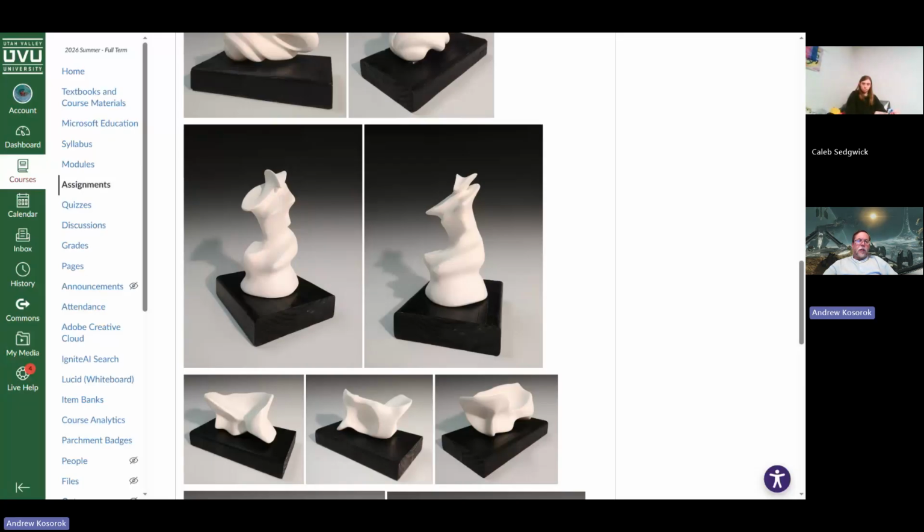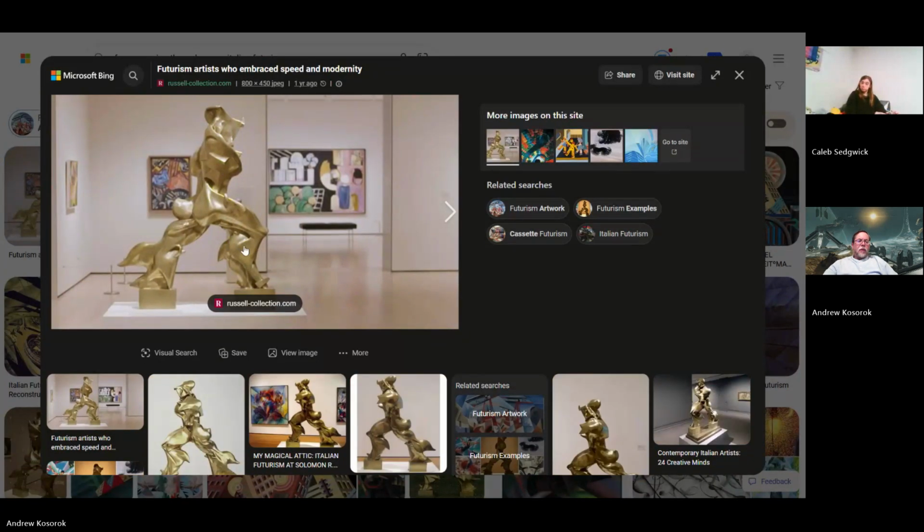Let's see if we can find this. Okay, here we go. So this is what it makes me think of, the Italian futurists. And I think that that is just very interesting.